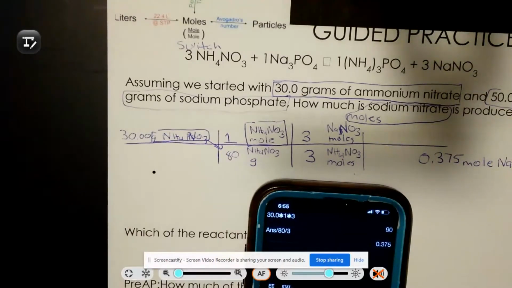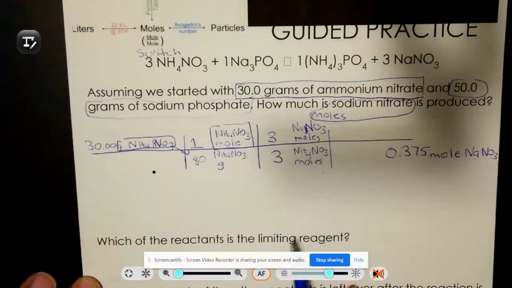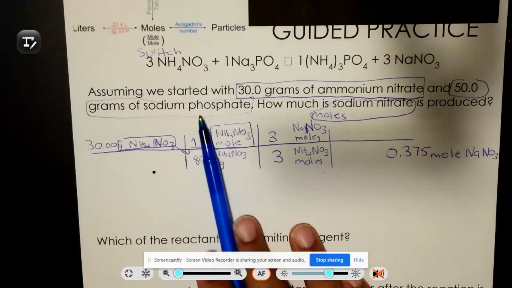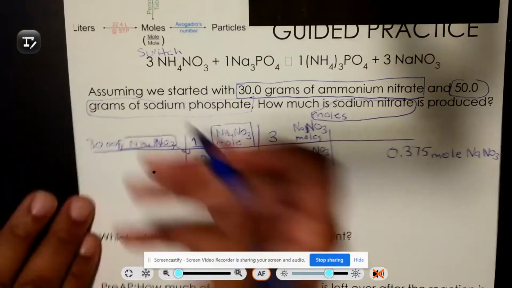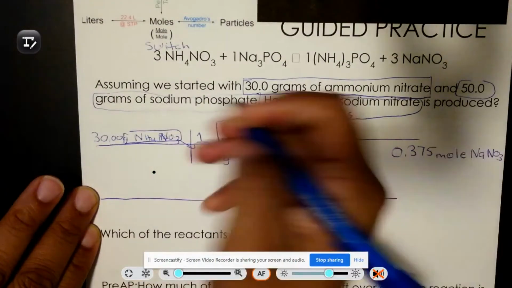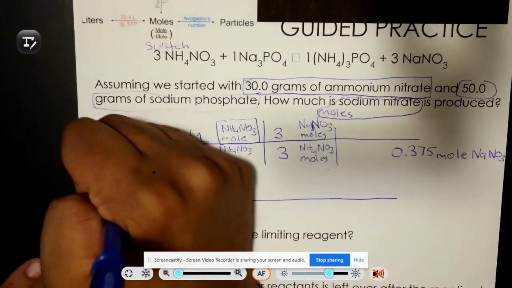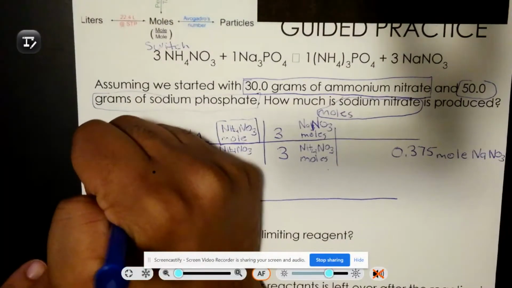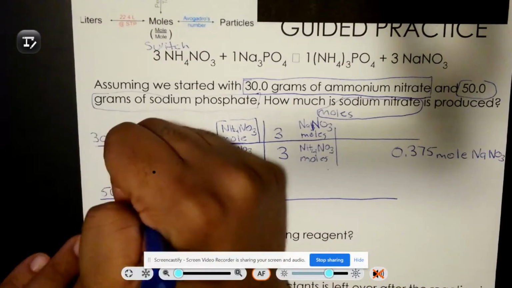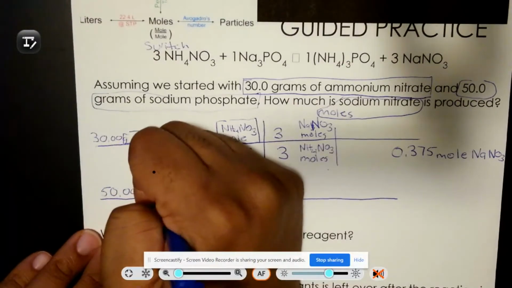Okay, now we're going to move on to our second equation. Our second equation, we are going to use our grams of our other reactant, which is sodium phosphate. So same thing, I'm going to draw my T-chart and I'm going to write 50 grams of sodium phosphate is where we're starting.